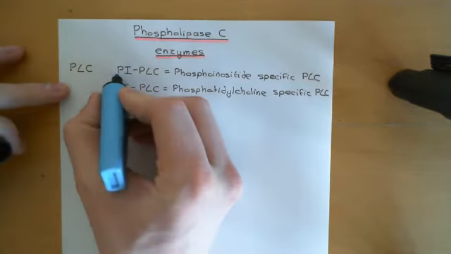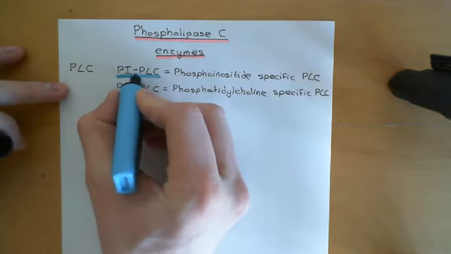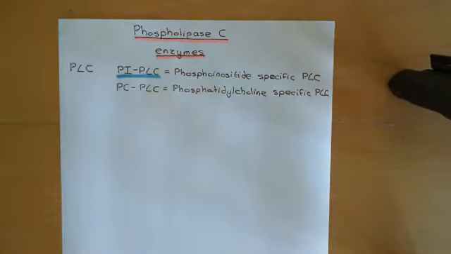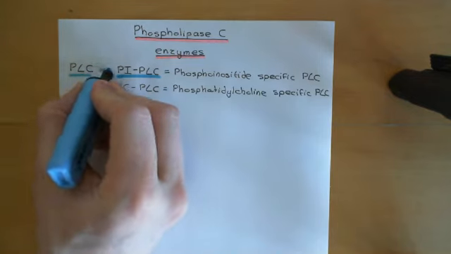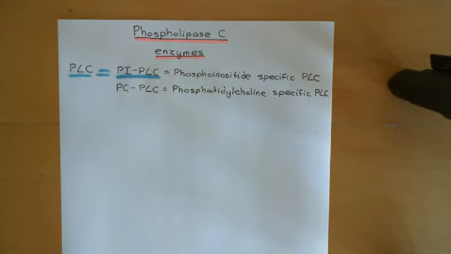And these are really important in many signaling pathways. Okay, right, so that's that technicality over and done with. So throughout this video, if I refer to phospholipase C, I mean phosphoinositide-specific phospholipase Cs, the main type. Okay, so let's now talk about what all of these enzymes do.